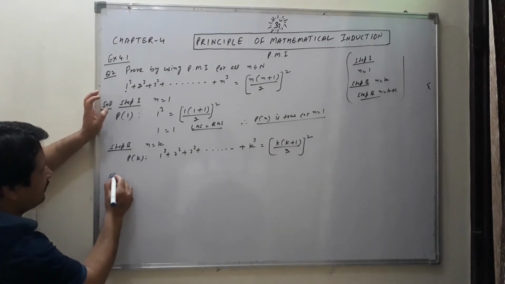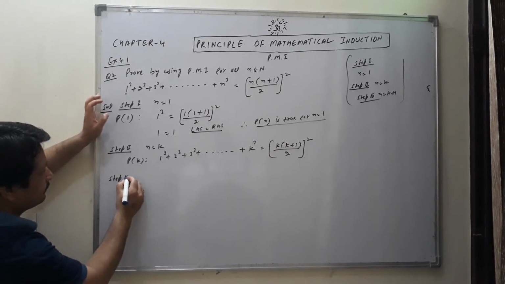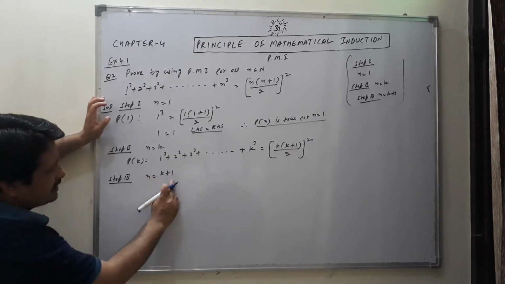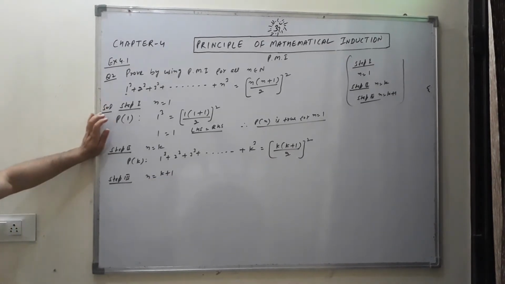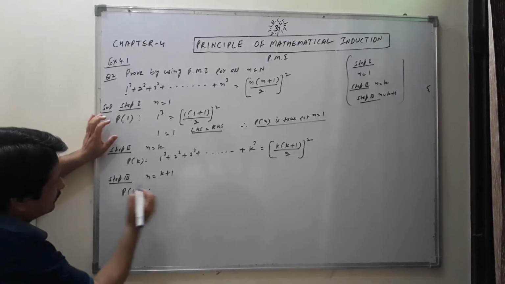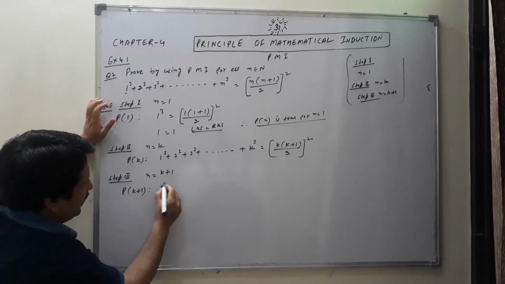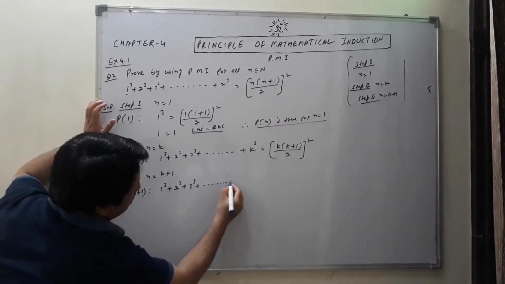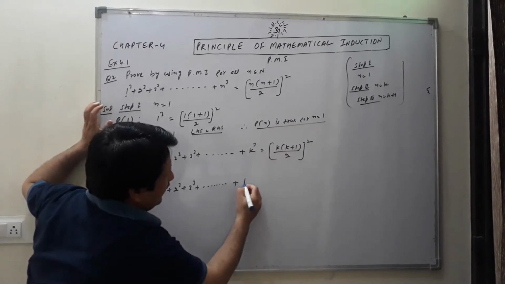Let us come to step number 3, that is n is equal to k plus 1. This step is very important. So we can write it as P of k plus 1, such that 1 cubed, 2 cubed, 3 cubed, plus so on, k cubed.